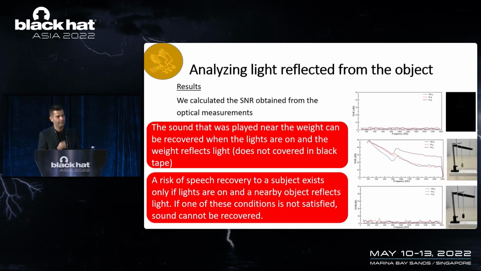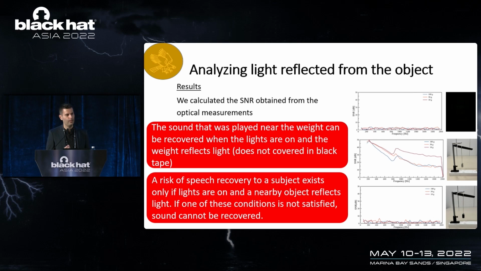Based on the measurements obtained from each of these 3 experiments, we computed the signal to noise ratio. Now, as you can see, the sound that was played near the weight can be recovered from the experiment that was conducted when the lights were on and the weight wasn't covered in black tape.